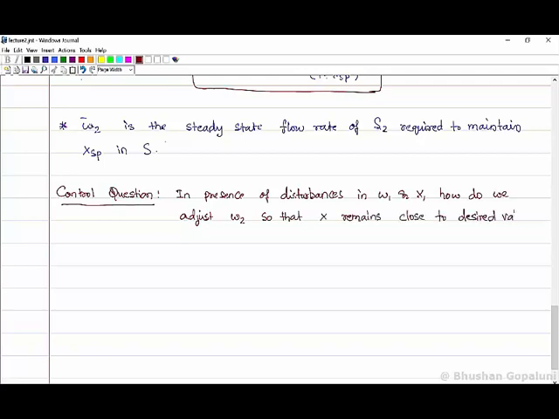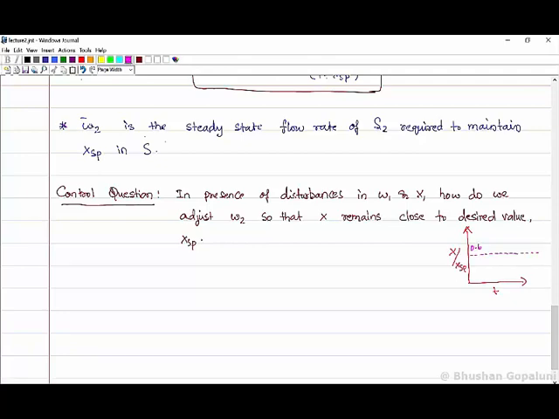In a real, industrial situation, it is never possible to keep the flow rate and the concentration in the inlet stream at their nominal values. It's very rarely possible. So if those two variables are changing, can we still use the W2 bar that we have calculated by answering the design question to maintain the exit concentration X at XSP?